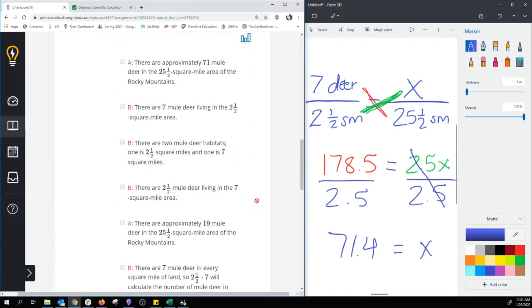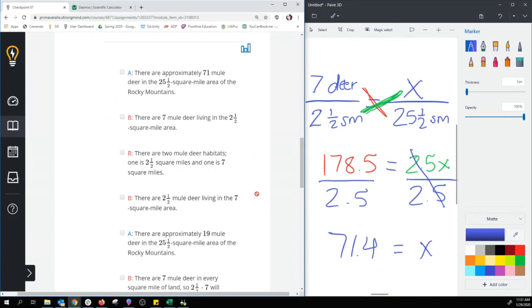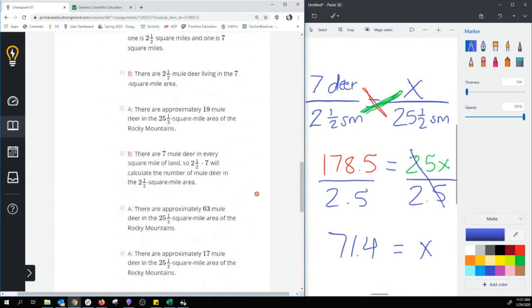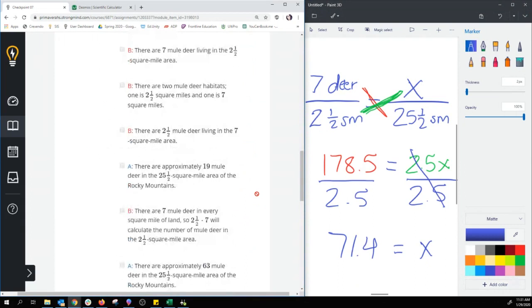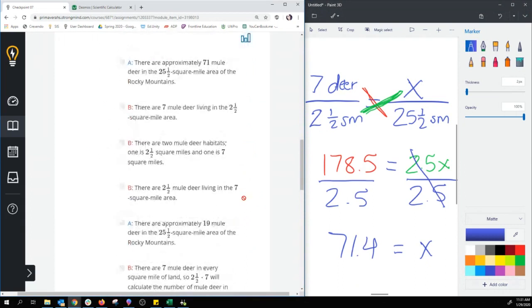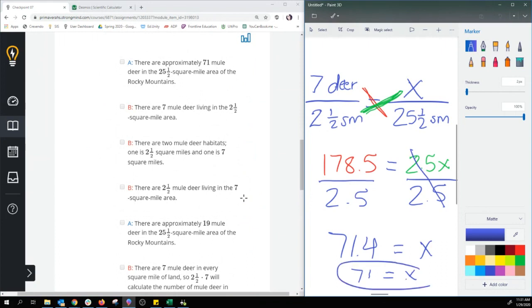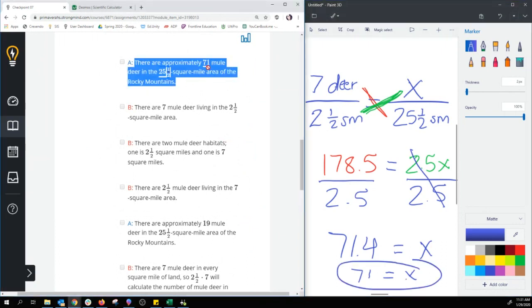Now, I can't have 0.4 of a deer, right? That doesn't make sense. So I'm going to look at the whole number instead of the 0.4. So 71.4 is close to just 71 deer, right? So I would have approximately 71 mule deer in the 25.5 square mile area.